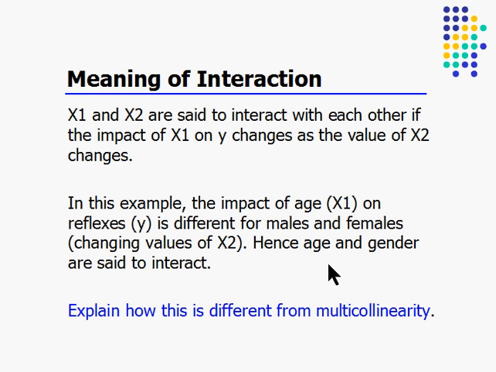So in this example, age and reflexes is different for males and females. So they interact. Well, this is different from multicollinearity. Multicollinearity is when we have a relationship between two of our x variables, and they are perfectly related with each other, but they're not changing the value of the slope of the equation.